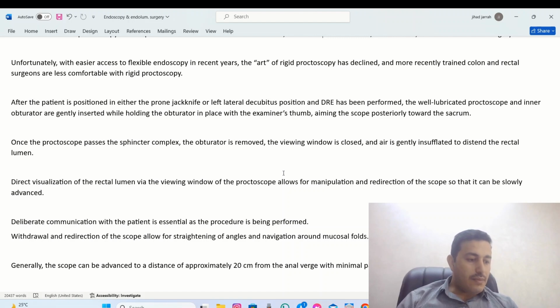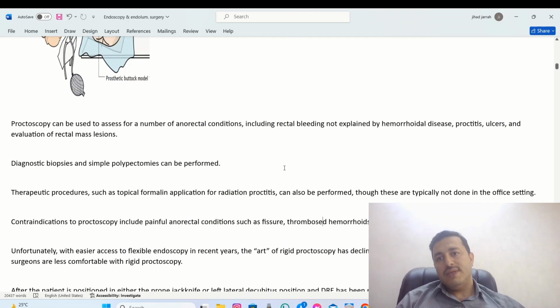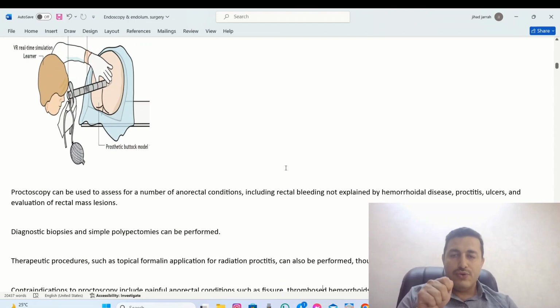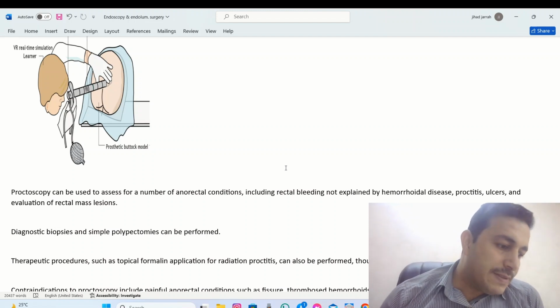Okay. Of course, under direct visualization, as you see here, we can withdraw the proctoscope, redirect our insertion, etc. Up to 20 centimeters, the proctoscope can be inserted with no or minimal discomfort.